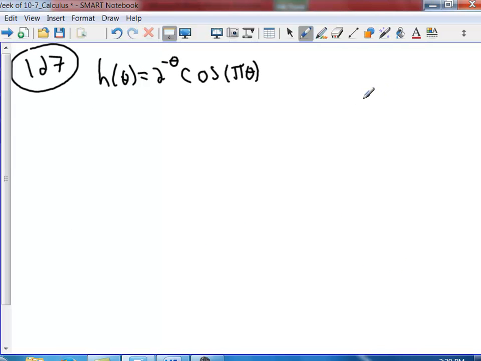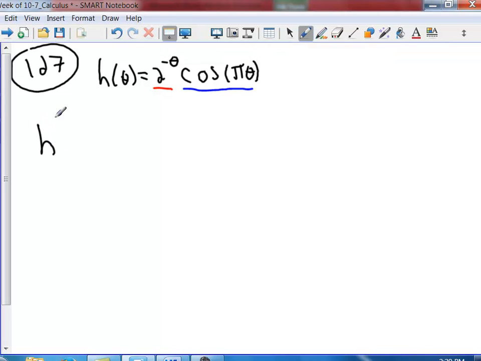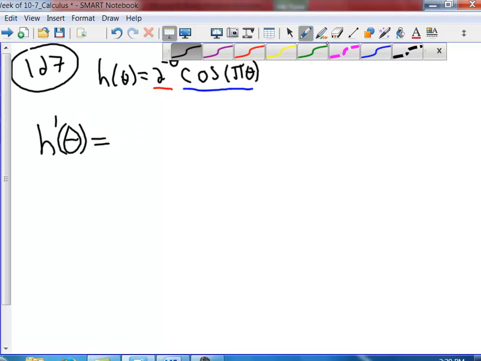Alright, so let's do 127. I have not made up my mind about 65 yet on page 167, but let's do 127 now. We're going to use the product rule here. We have the first and we have the second. So it's product rule with the new log rules, basically. So h prime of theta is going to equal, that's an interesting theta, that's okay though.